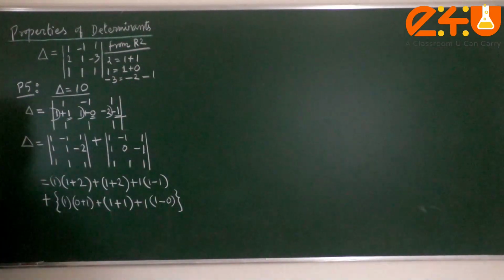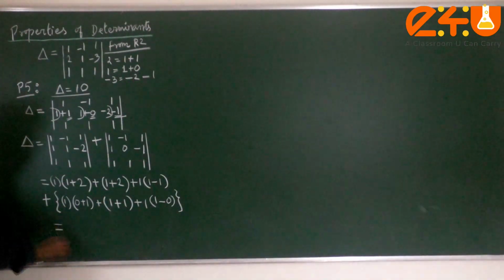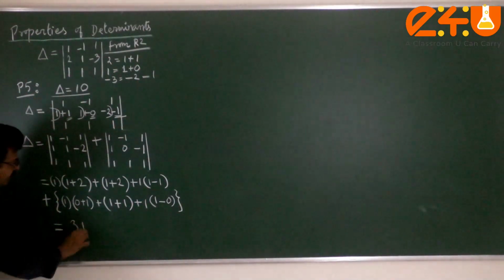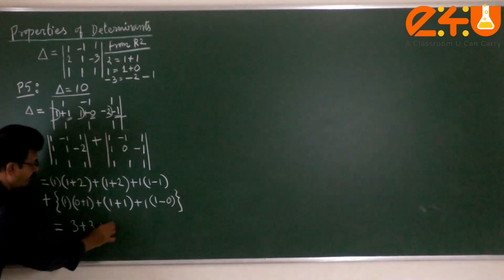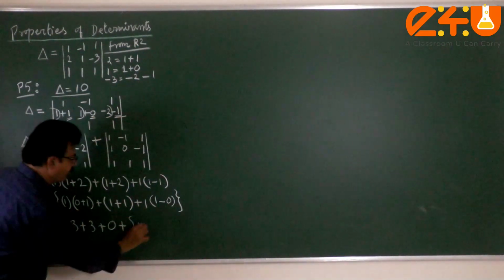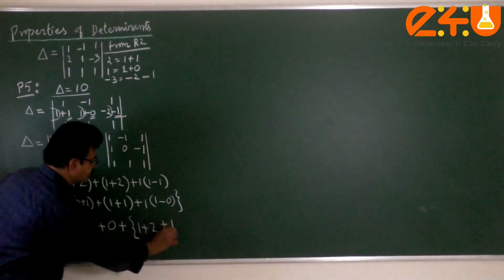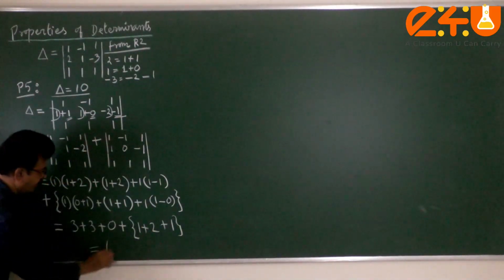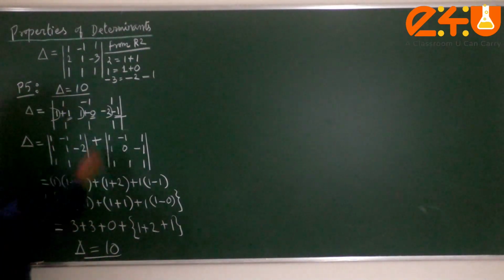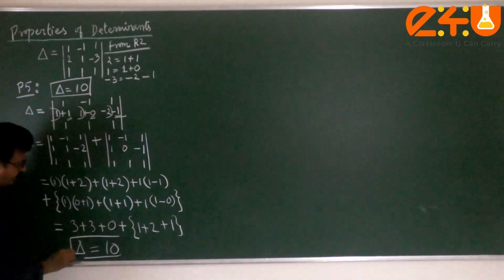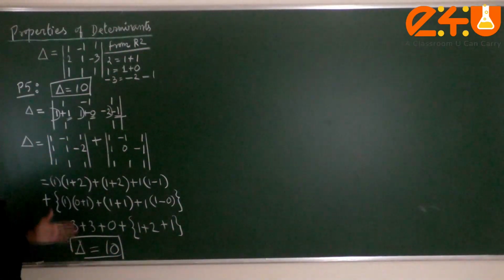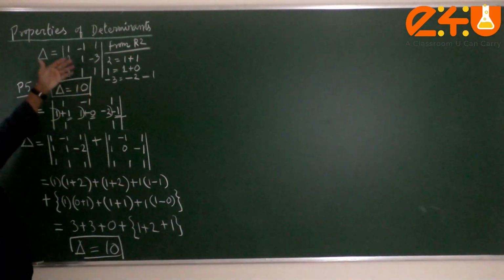You can see that the numbers now you can add up, 3 plus 3 plus 0. From parenthesis you can see it is 1 plus 2 plus 1, and the answer is 10. And that was anyway the original answer of the undivided determinant delta.